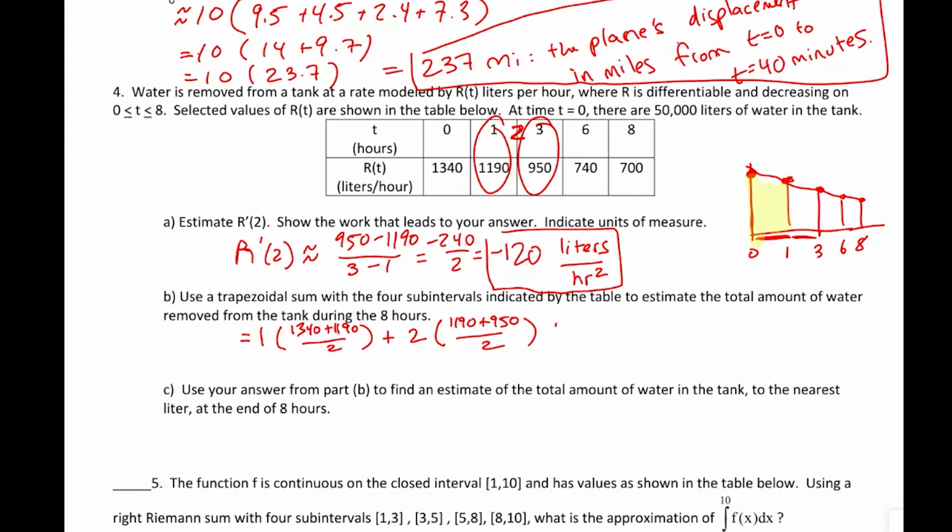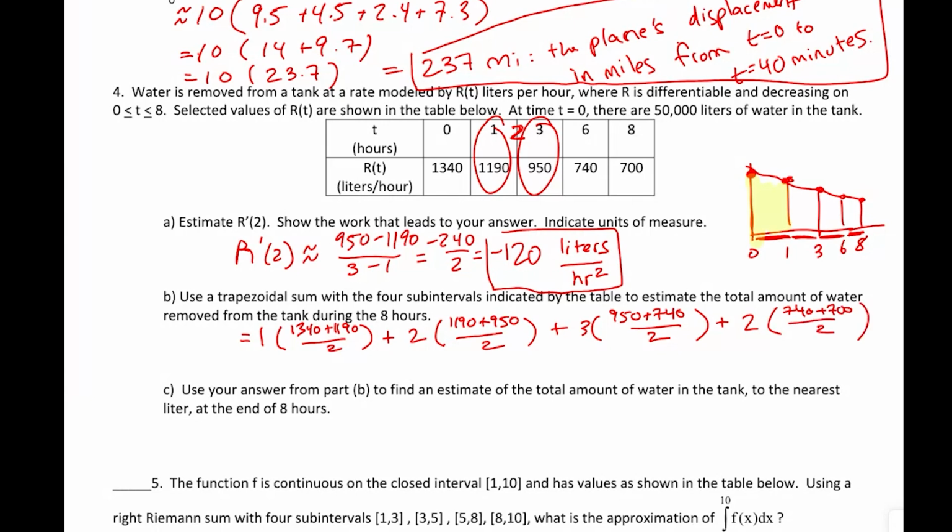The third one, this interval is of length 3, so we're going to do 3 times the average of 950 and 740. And finally, the last one, this interval is 2 units long, and the average of the R values, 740 and 700. All right, there's our setup.